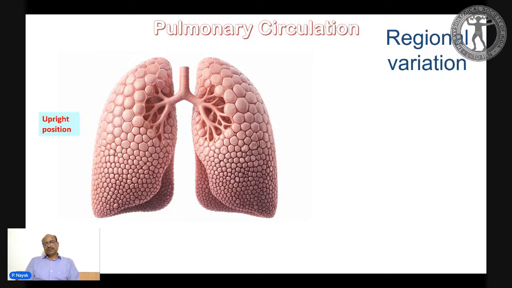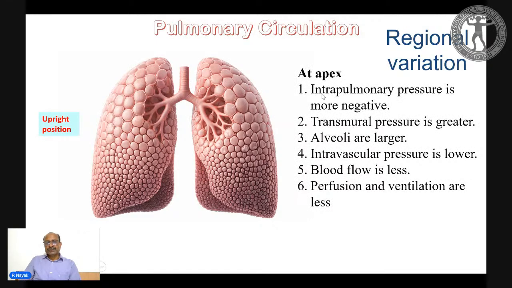In erect posture, this type of alveolar arrangement, we can imagine it is not exactly the same way, but we can imagine that at the apical part the alveoli are distended, and at the base the alveoli are congested, smaller.